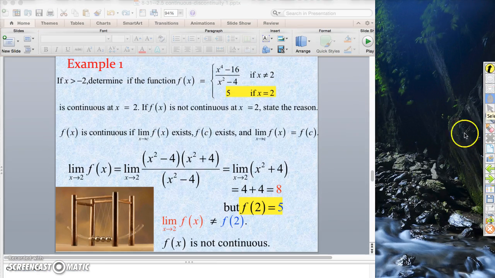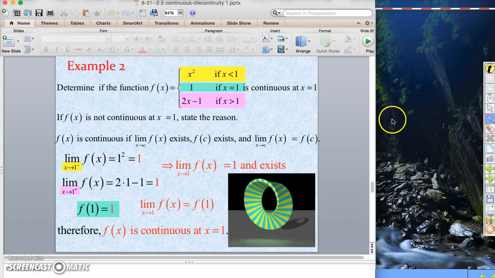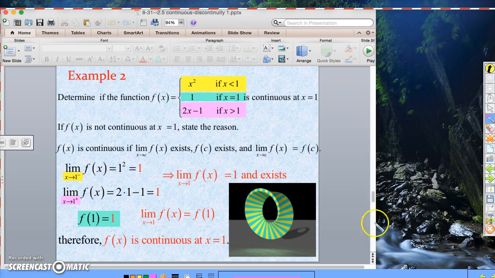Okay? Let's look at example 2 there. Here's example 2. Again, the 3 conditions. How do you know if this function is continuous? You gotta look at the 3 conditions. So here are the 3 conditions. Condition 1: the limit as x approaches c of f of x has to exist.